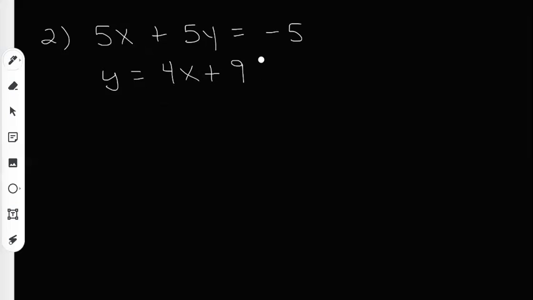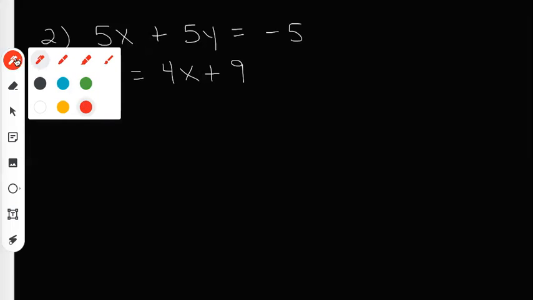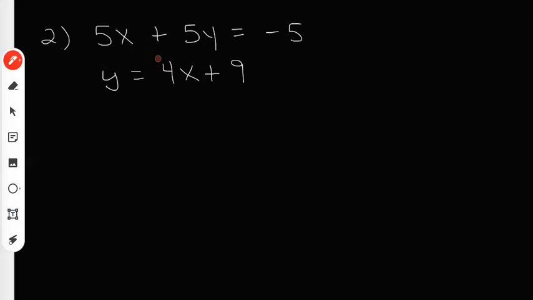So here what I can do is, I know that y is equal to 4x plus 9. So I know that y is the same thing as 4x plus 9. So I'm going to substitute that in for y on the top equation.